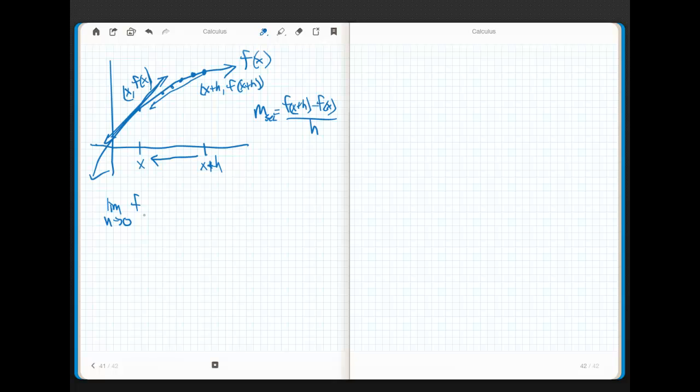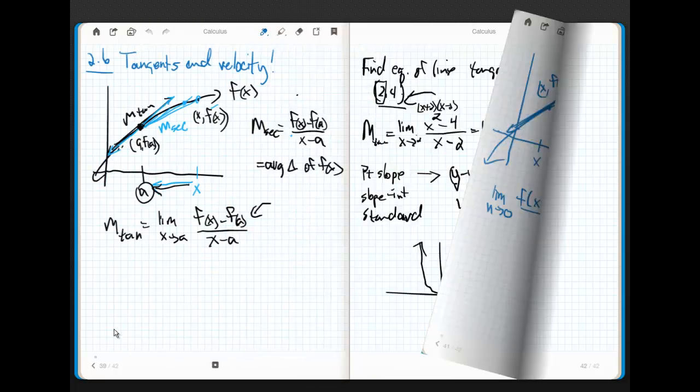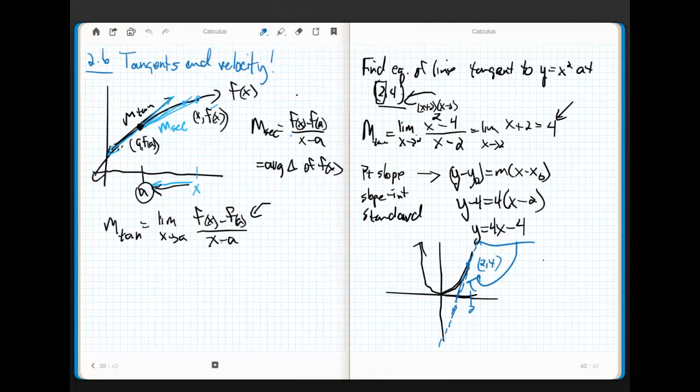If I want the slope of the tangent, I take the limit as h goes to 0. Isn't that cool? Now, this form and this form are the same thing. They mean find the slope of the tangent line. That's all that it is.